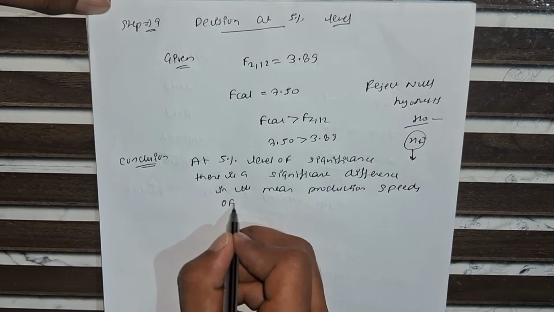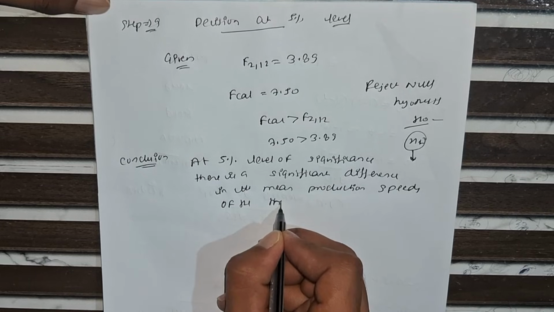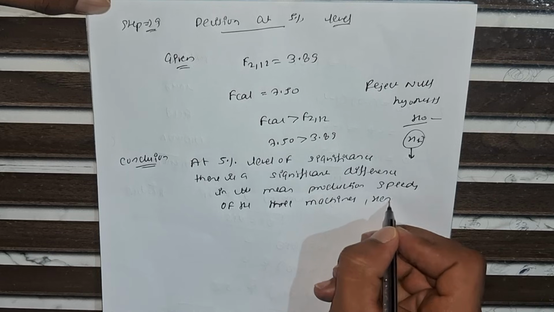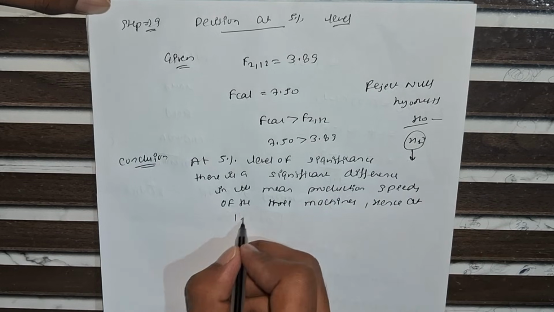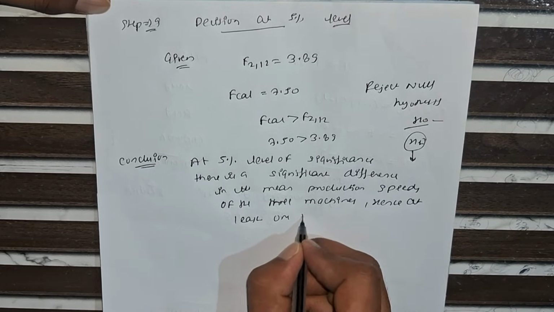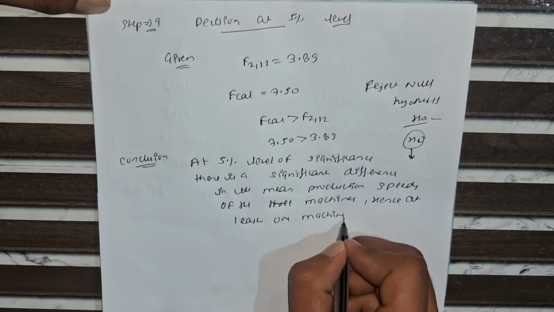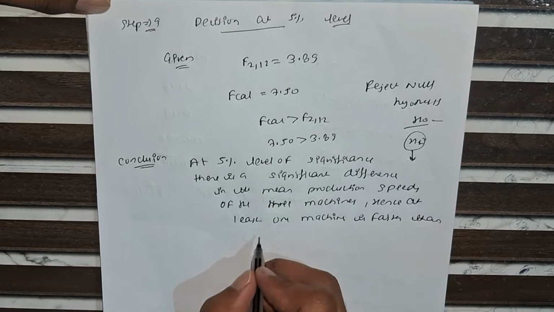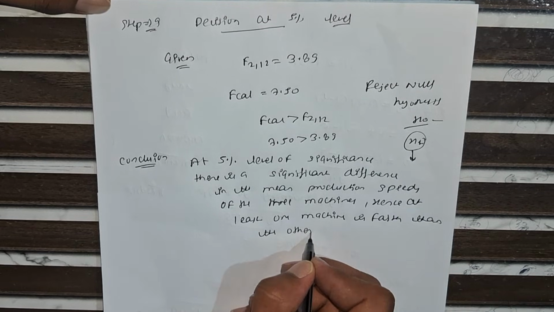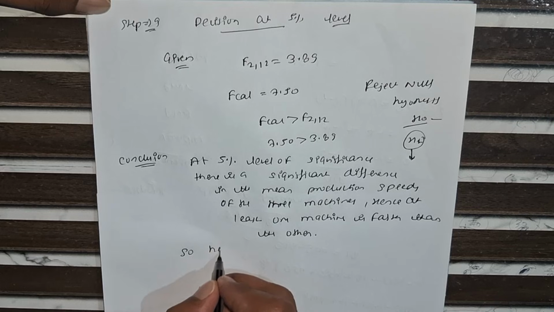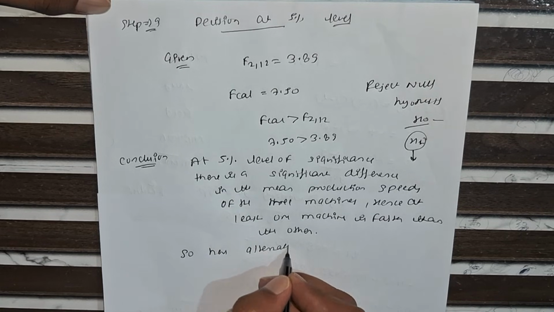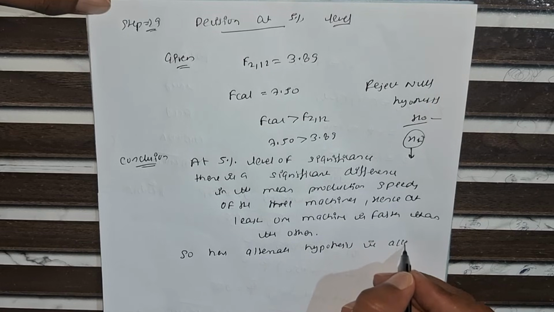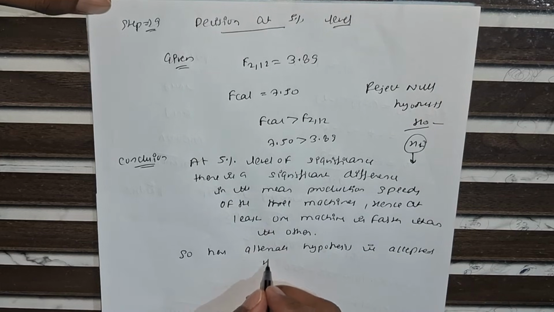Speed of the three machines, hence we can say that at least one machine is faster than the other. So here alternate hypothesis is accepted, which is H1.